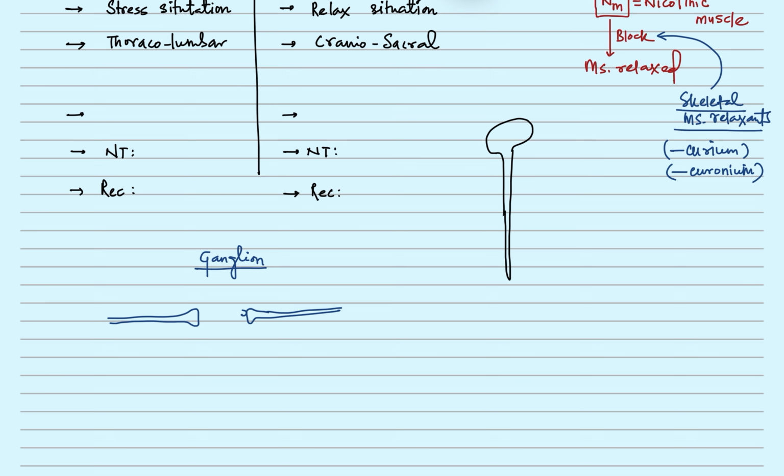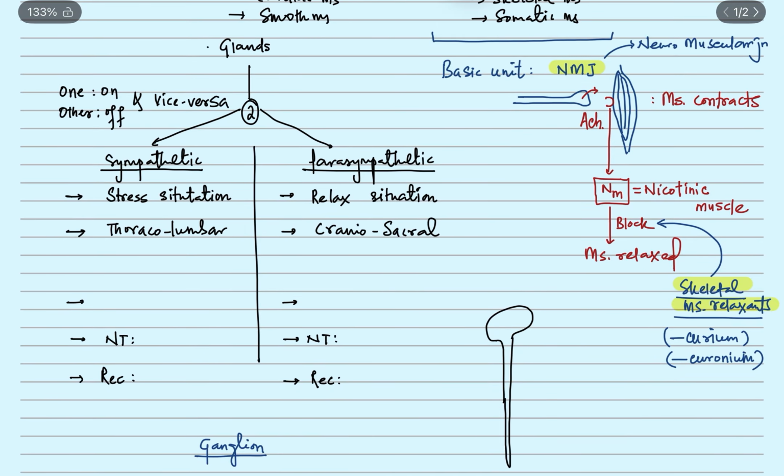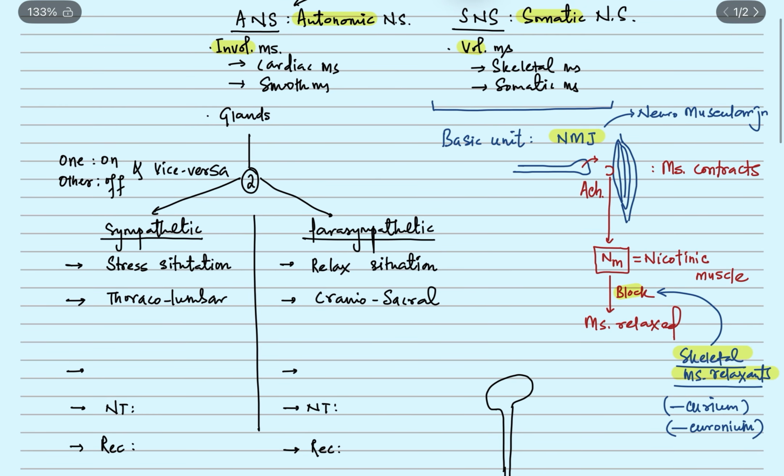You must have heard of these drugs. They act as skeletal muscle relaxants, and their mechanism of action is that they block the NM receptor in the neuromuscular junction.